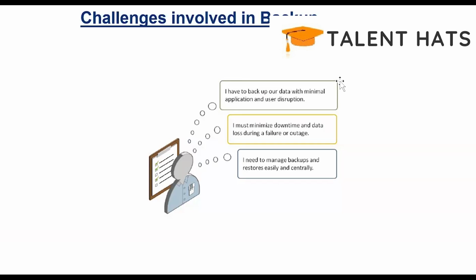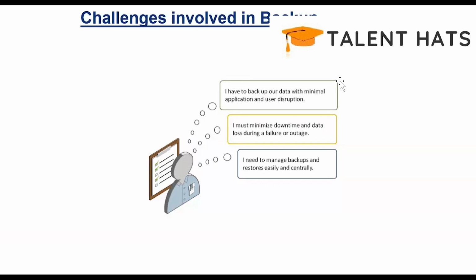Everything is backed up, system state backup is there, and you want to restore completely with the OS system state backup. Do you think all these large files are important when you're trying to restore the data? No, right? What are the important files? Your system state backup is the most important thing. The changes and the software in it should be backed up or restored at the time of an outage. That is the main challenge.